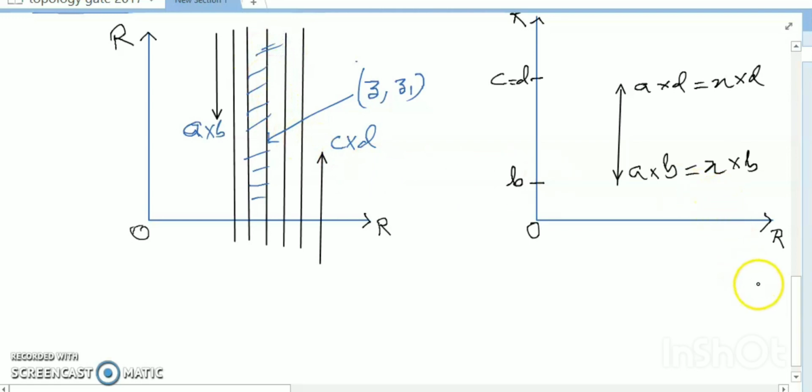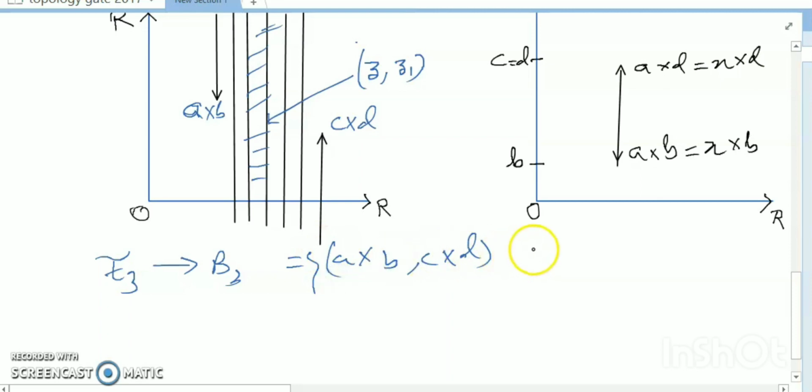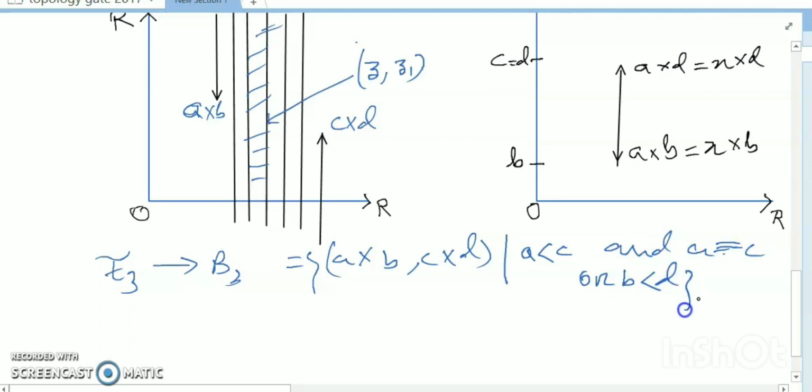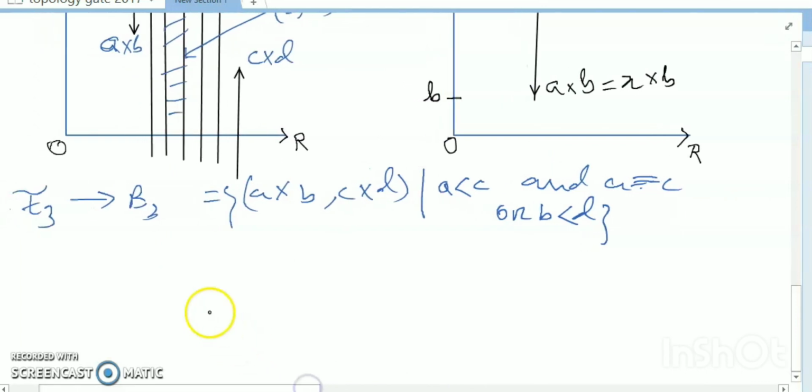So tau 3. Now in the case of tau 3, tau 3 is equal to B3, which equals A cross B, C cross D, the order topology, the dictionary topology, where A is less than C, or A equals C and B is less than D. This is the possibility of the B3.